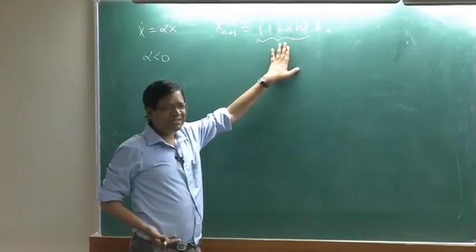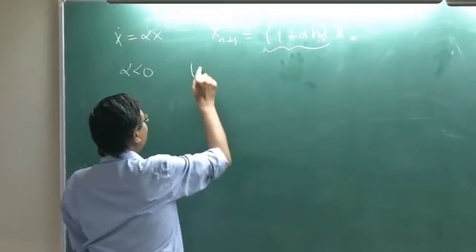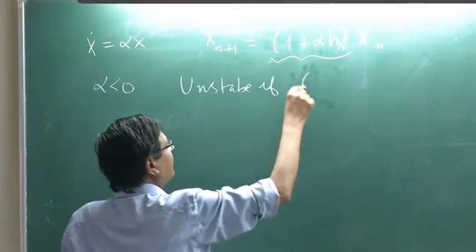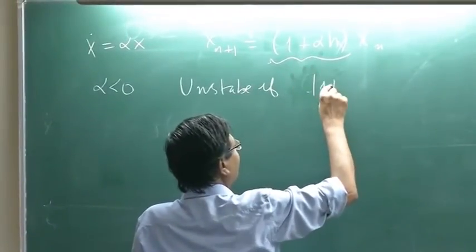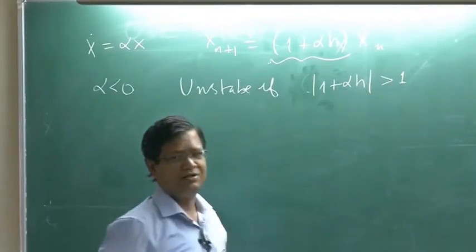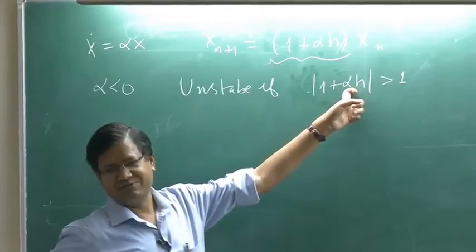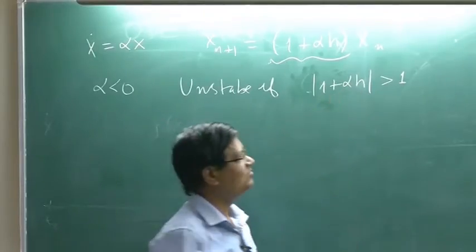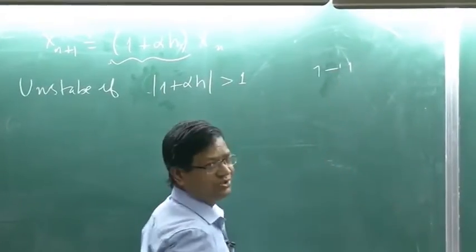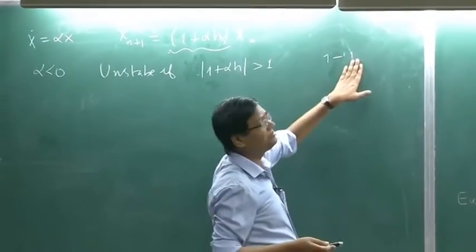Now we can of course choose h so that it becomes greater than 1. So this is unstable if 1 plus alpha h is greater than 1. Imagine alpha is minus 1, just to give you a trivial example. h is your choice, I could choose h as 3.